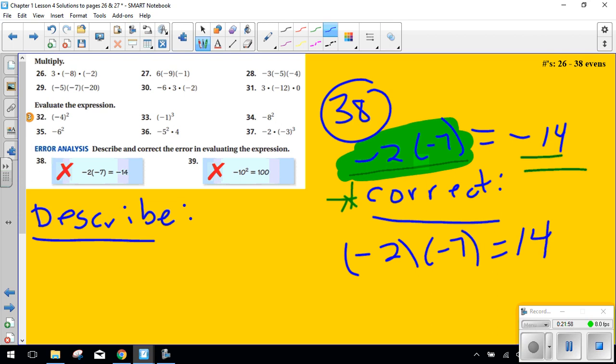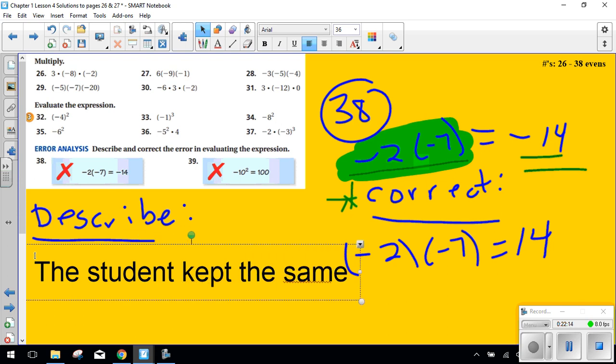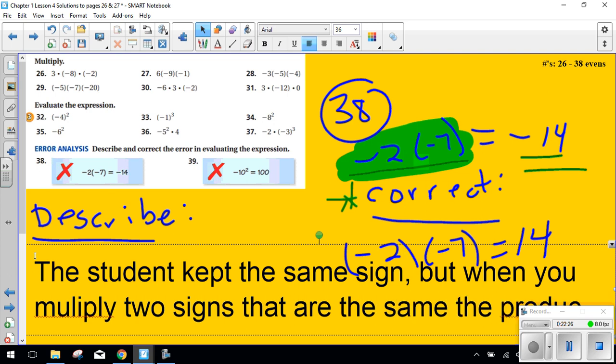So now what you're going to do is go to the describe part here and describe. You're going to say, I'm going to type this instead of handwrite it. The student kept the same sign, but when you multiply two signs that are the same, the product should be positive, not negative.